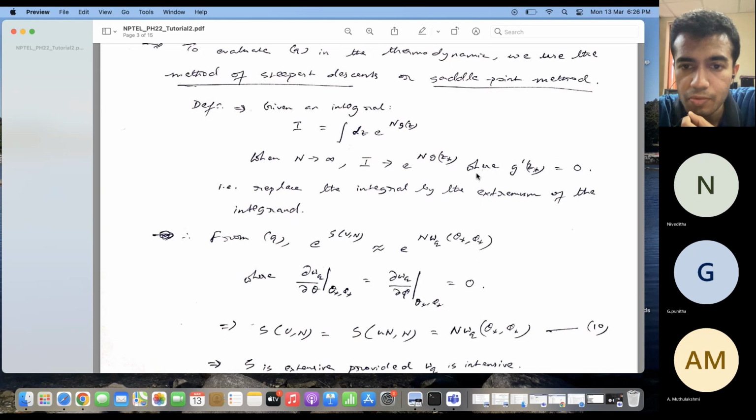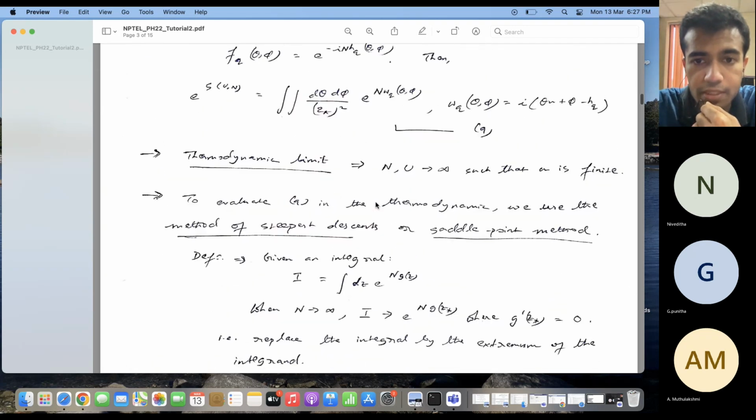That is, it corresponds to an extremum of the function g(z). Basically, g dash z at z equal to z star is equal to 0. So in the saddle point method, what we do is that we replace the integral by the value of the integrand at its extremum value. Okay.